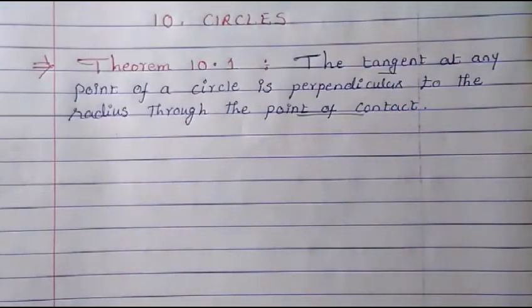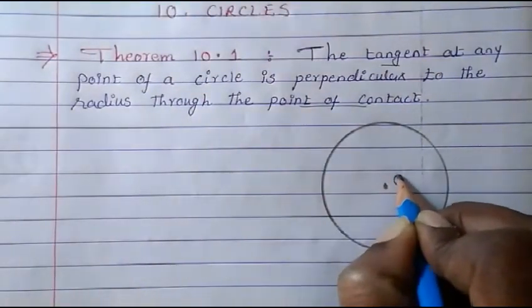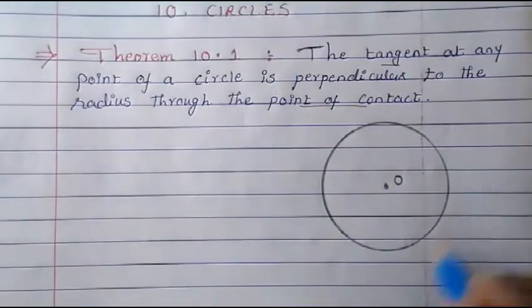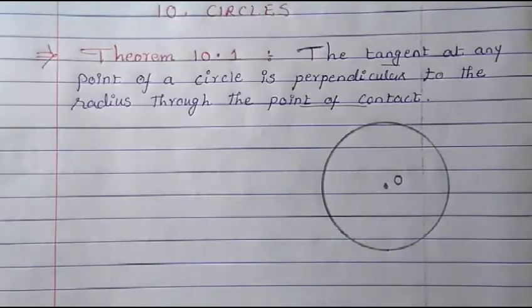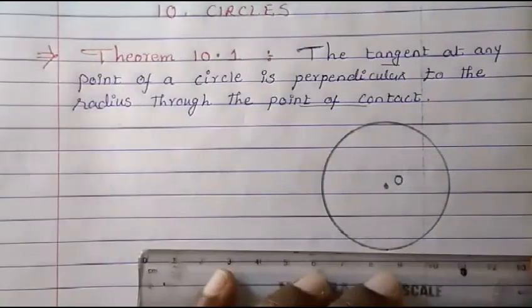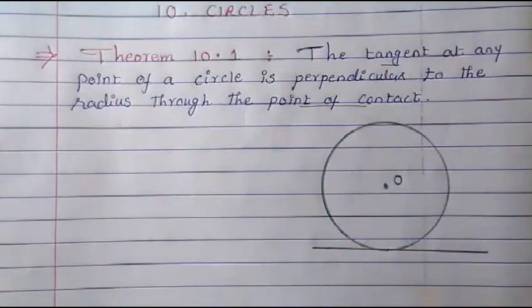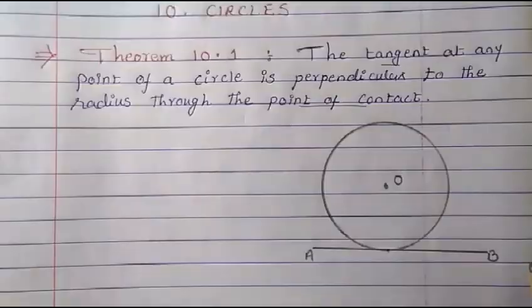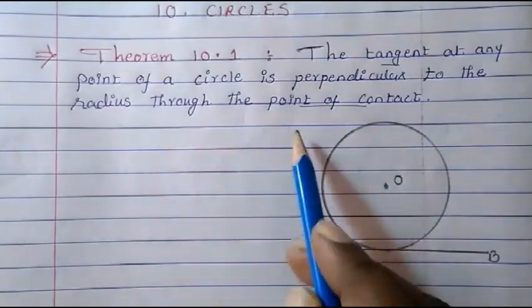This is the circle with center O. At any point of the circle, let us take a tangent, and let's name this tangent AB.